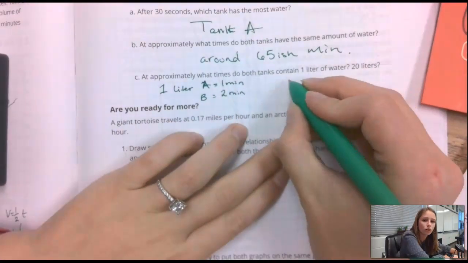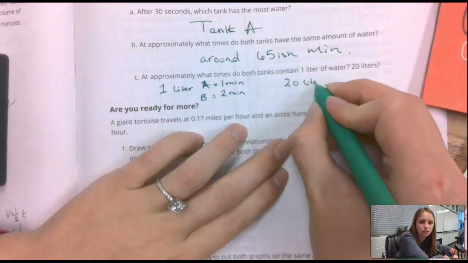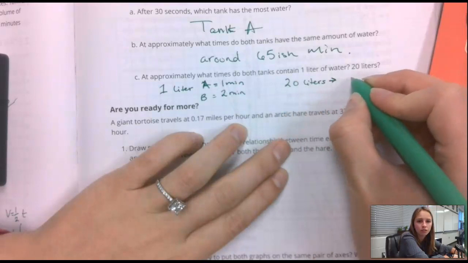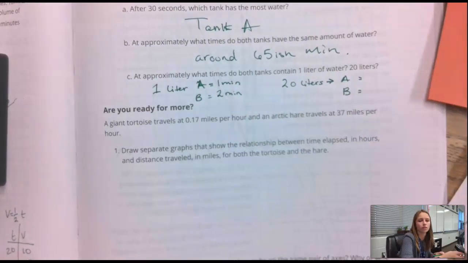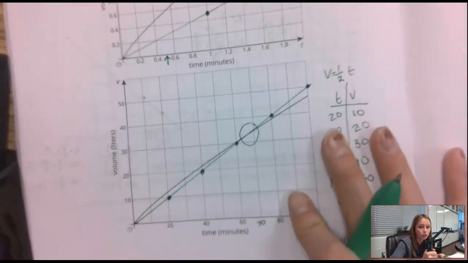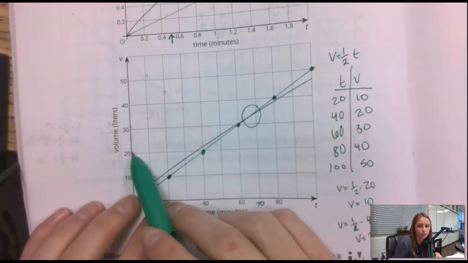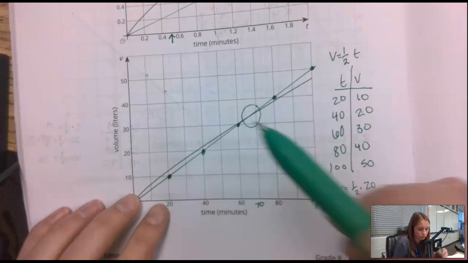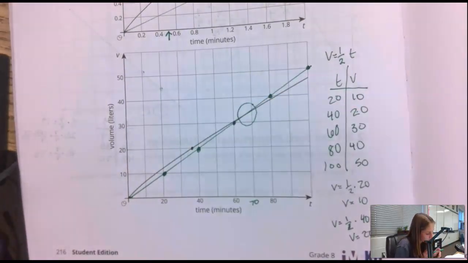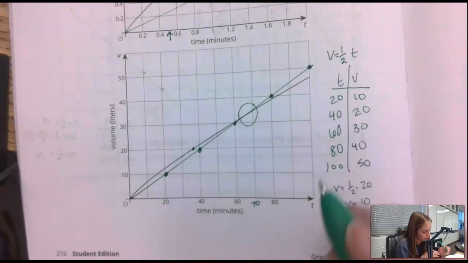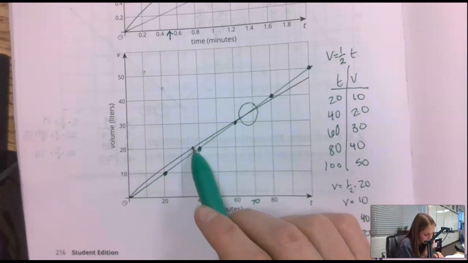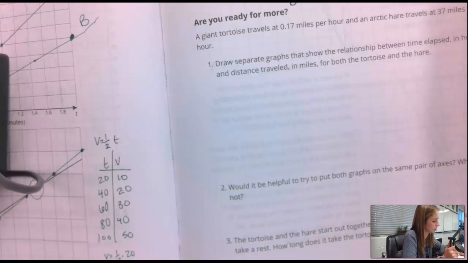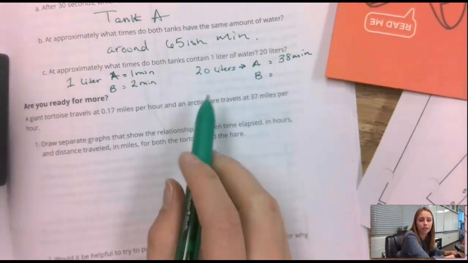Now what about 20 liters? So let's find tank A and then tank B. Alright, so we're going to use our bigger graph down here. So when we get to 20 liters, it looks like it takes our tank A, it looks like it's slightly past 35-ish, so we could go with 38 minutes. 38 minutes.